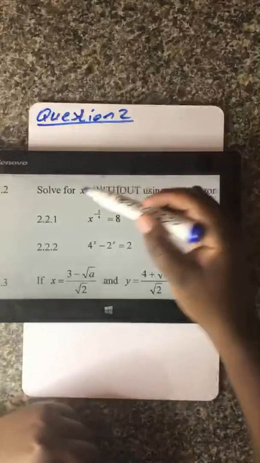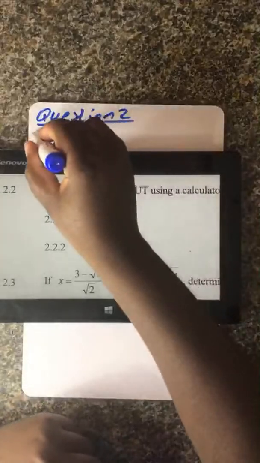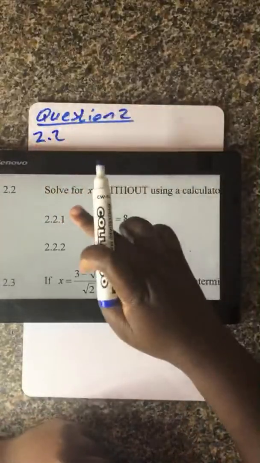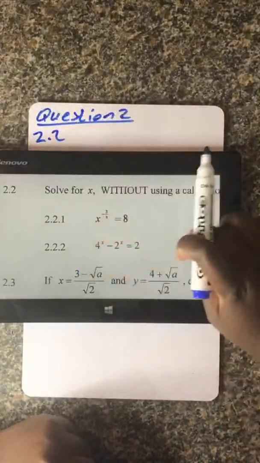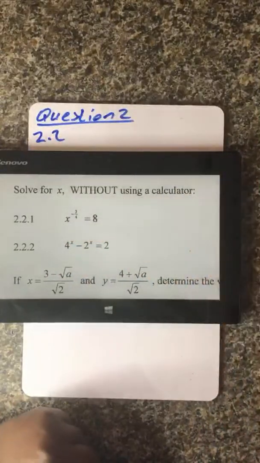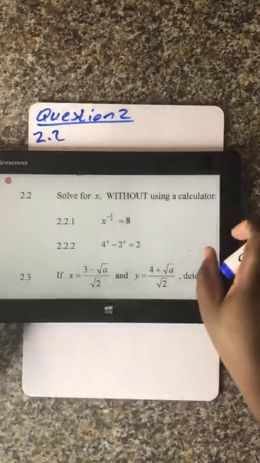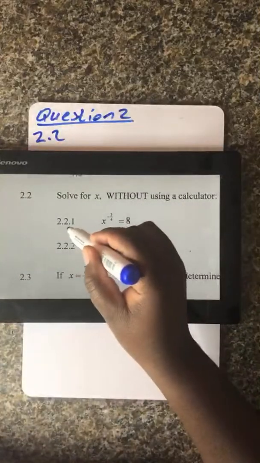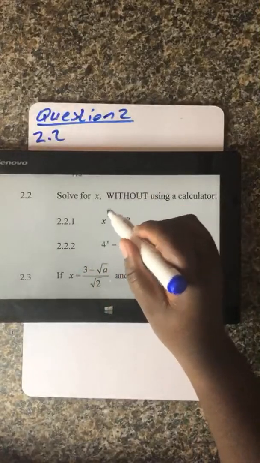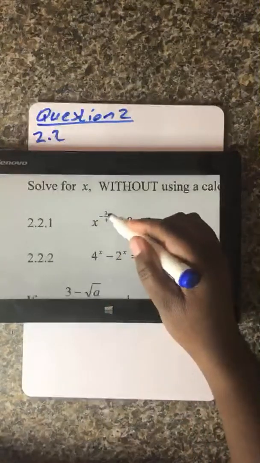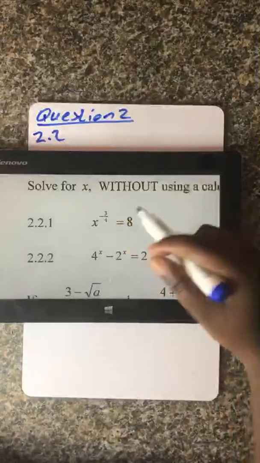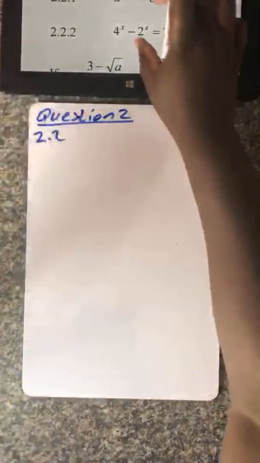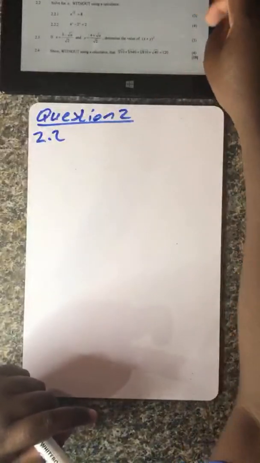So ladies and gentlemen, question 2.2, this is what we'll be doing. They say solve for x without using a calculator. Okay, this is going to be interesting. Again, we've got our 2.2.1, which is x to the exponent negative 3 over 4, which is equated to 8. This question is allocated 3 marks.